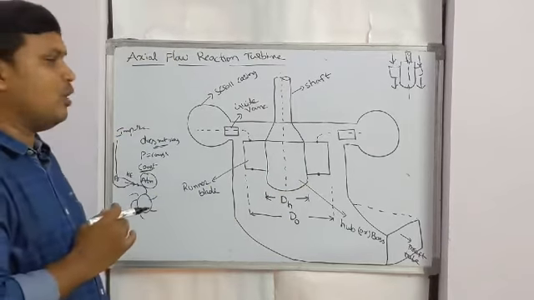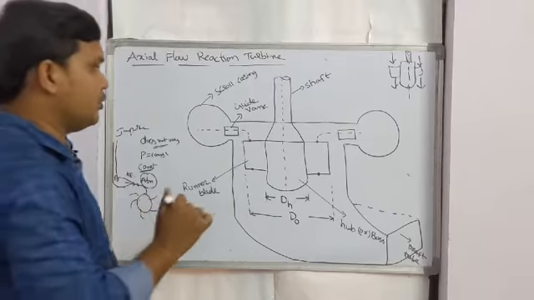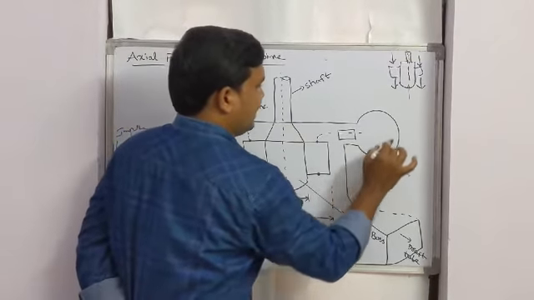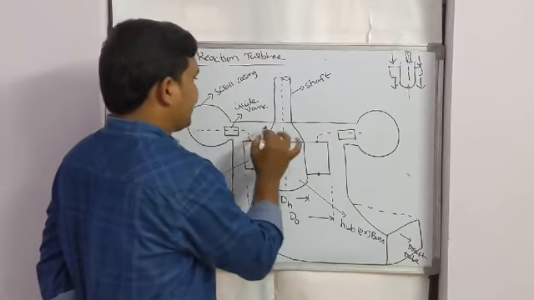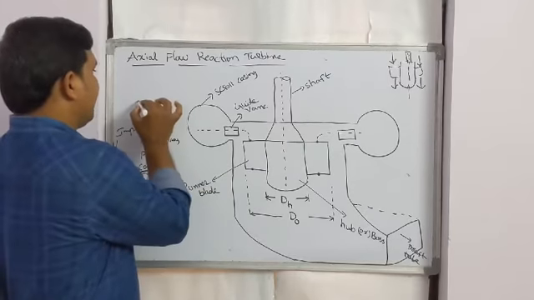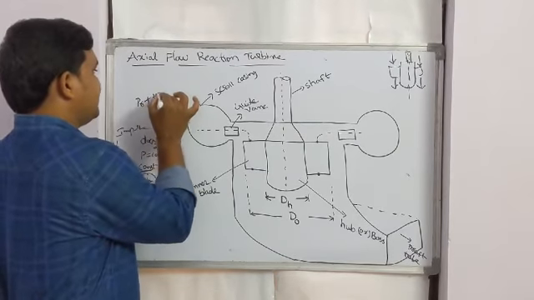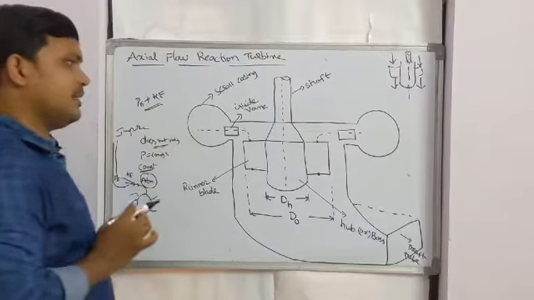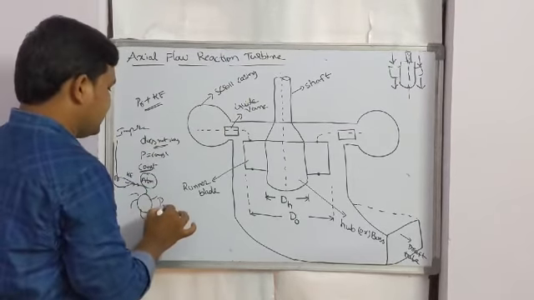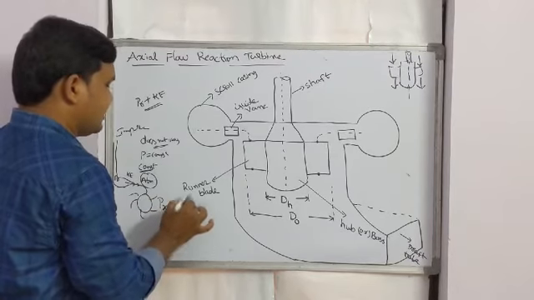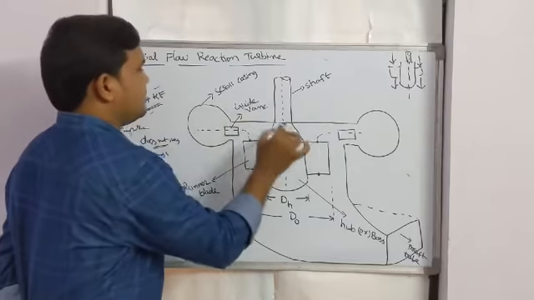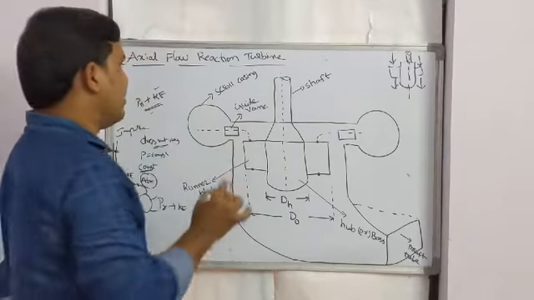Whenever water enters a closed conduit, the pressure energy varies. So pressure energy plus kinetic energy both take part in the reaction turbine. In an impulse turbine, the pressure energy is converted into kinetic energy. But in a reaction turbine, pressure energy is also useful and kinetic energy is also useful for developing more power.